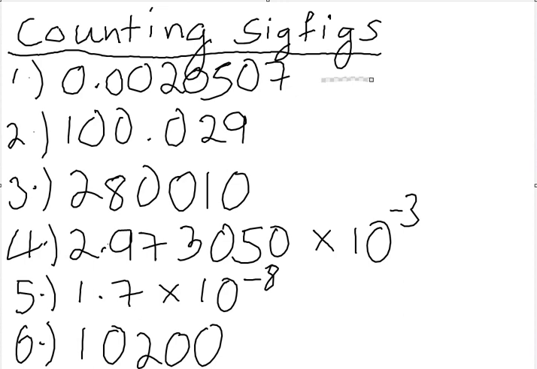The first one has 1, 2, 3, 4, 5 significant figures. 5 SF for short. Now the digits which are not significant here are the first three. Okay, why?